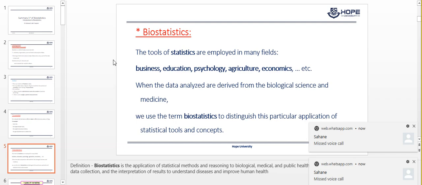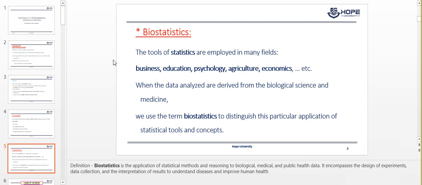Also, epidemiology and biostatistics, we can call them the tools of public health. If you are an expert in epidemiology and in biostatistics, you have the tools, and you can work in the field of public health by analyzing data and interpreting every side of data on medical issues. You can interpret it in an understandable way.